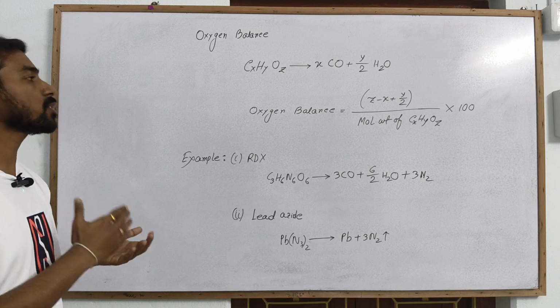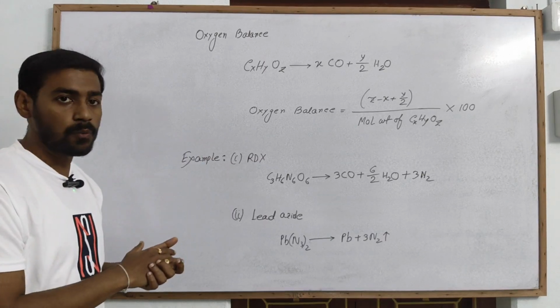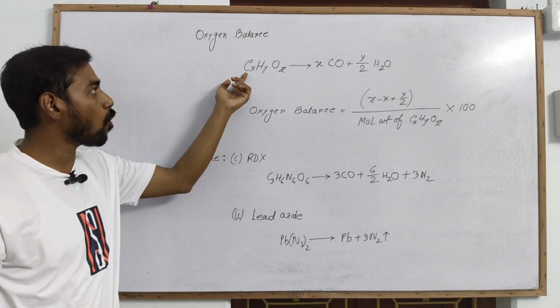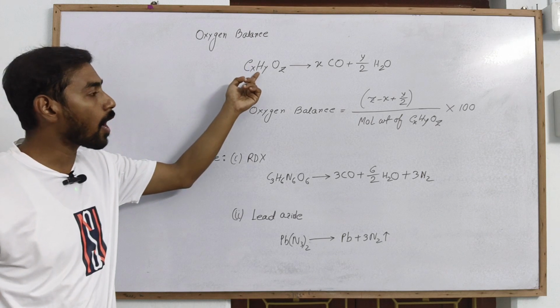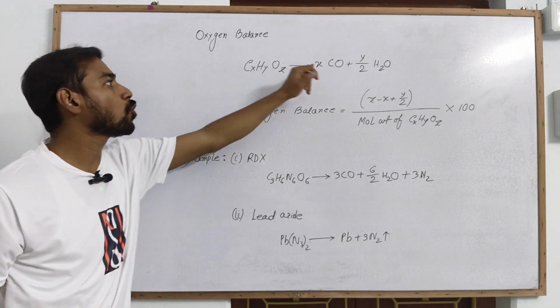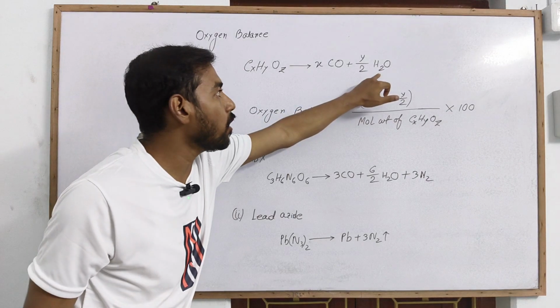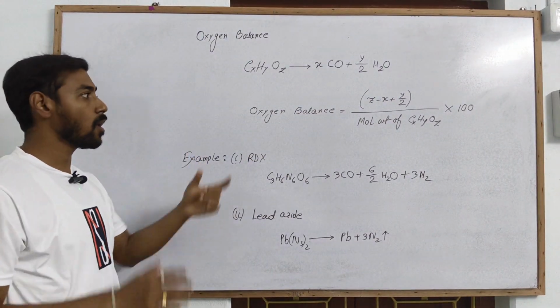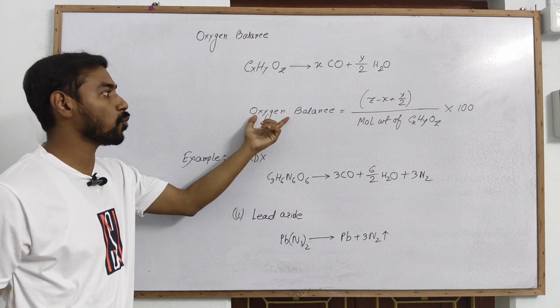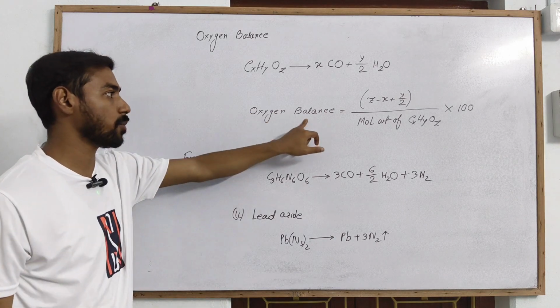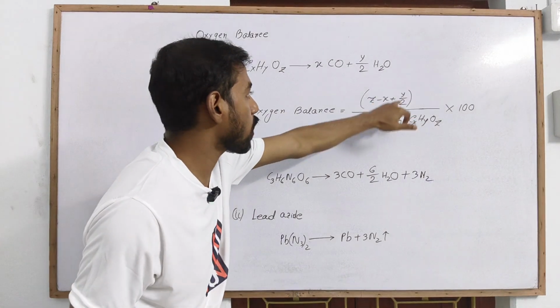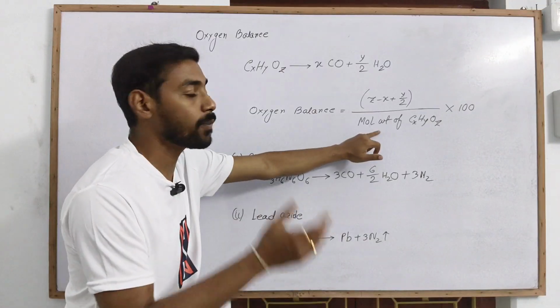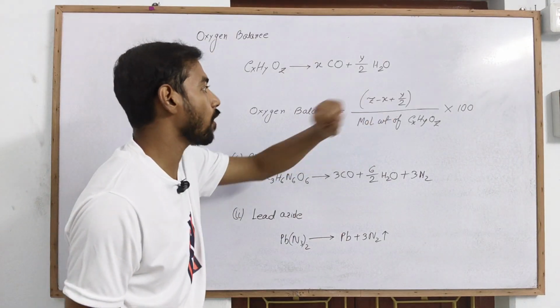It is the oxygen contained in the molecule which can be utilized to oxidize carbon and hydrogen of the same molecule to carbon monoxide and water. Okay, so this is the definition of oxygen balance. And this is the thumb rule for how we will calculate the oxygen balance: (z minus (x plus y by 2)) divided by the molecular weight of that particular explosive, into 100.